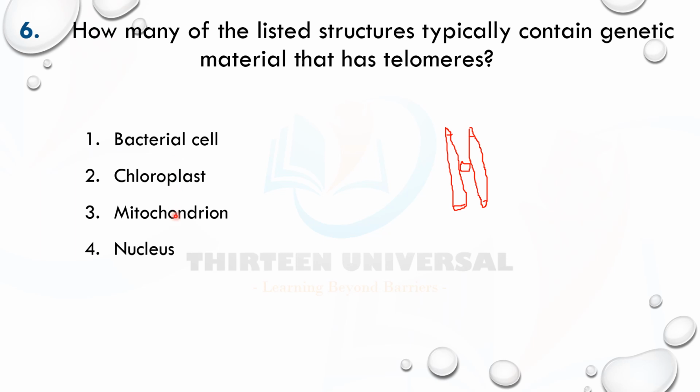But the nucleus has DNA associated with histone protein. So the nucleus is the only one with chromosomes. That means it's the only structure that contains telomeres. So it's only one, only nucleus.